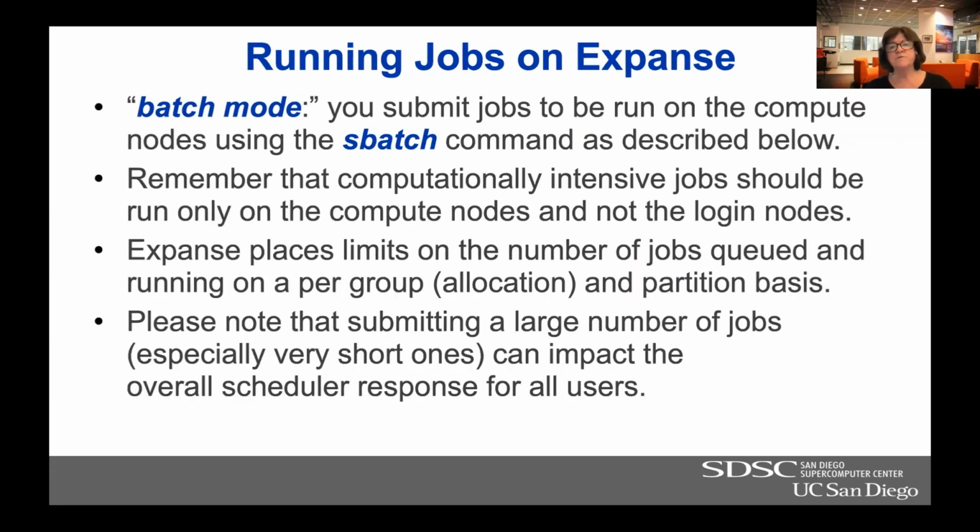So to run jobs on Expanse, you would use the batch mode to get onto those compute nodes. You'll submit the jobs to be run on these compute nodes using the sbatch command. Now we'll start looking at what that means, and what a queuing system is, and the architecture for controlling access to those nodes.